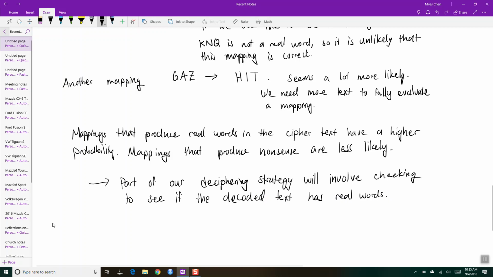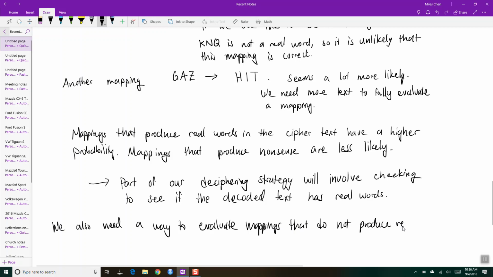So we also need a way to evaluate mappings that do not produce real words but are, quote, better than other mappings.